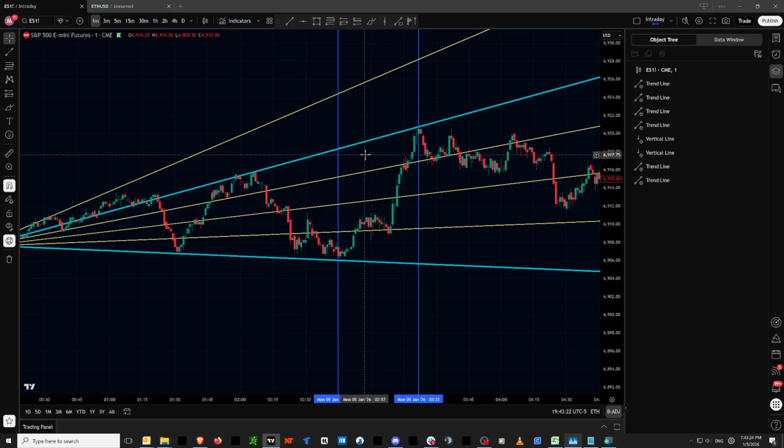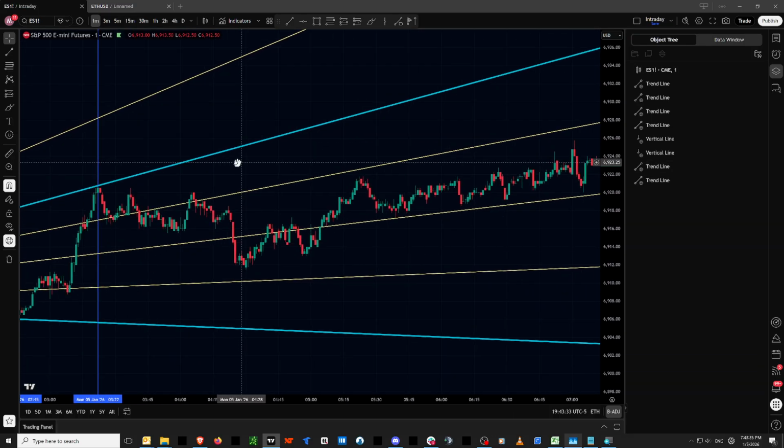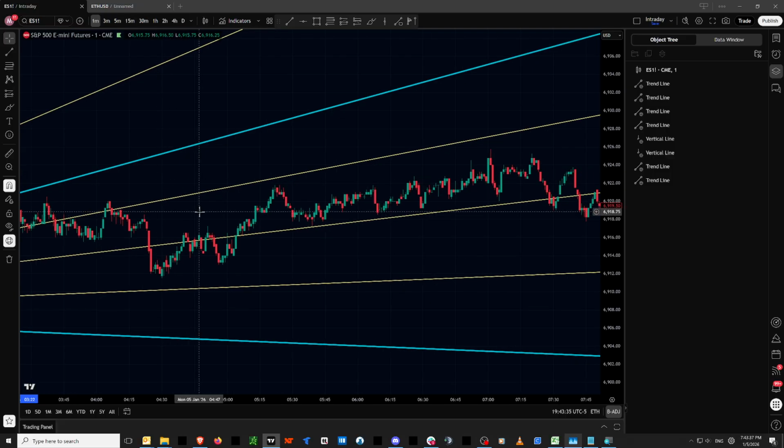Okay. Now, then I divided this around, different places. Let's see what happens. Notice these trend lines, these are computed trend lines.